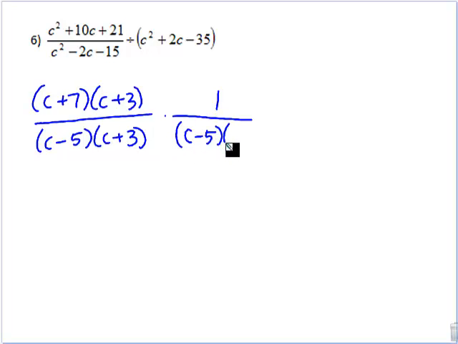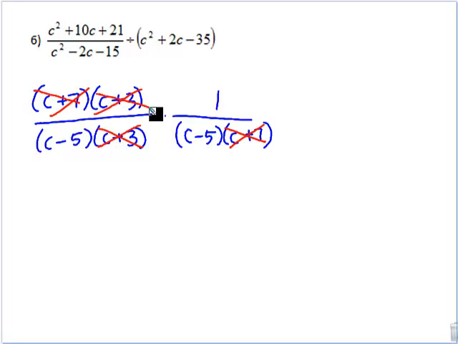C minus 5 times c plus 7. Okay, so now take a look. What can we cancel here? Okay, so the c plus 7s we can cancel. The c plus 3s. Why can't we cancel the c minus 5s? Yeah, they're both in the denominator, so we can't cancel them.